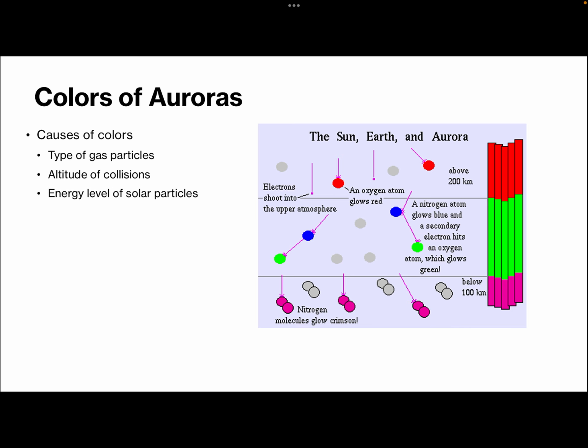So right here we have a little diagram. We see the solar winds are the purple ones. On the first level, where it says above 200 kilometers, we have an oxygen atom that glows red, and then in this middle section we have a nitrogen that glows blue, and then when a secondary electron hits an oxygen, that particle will glow green.